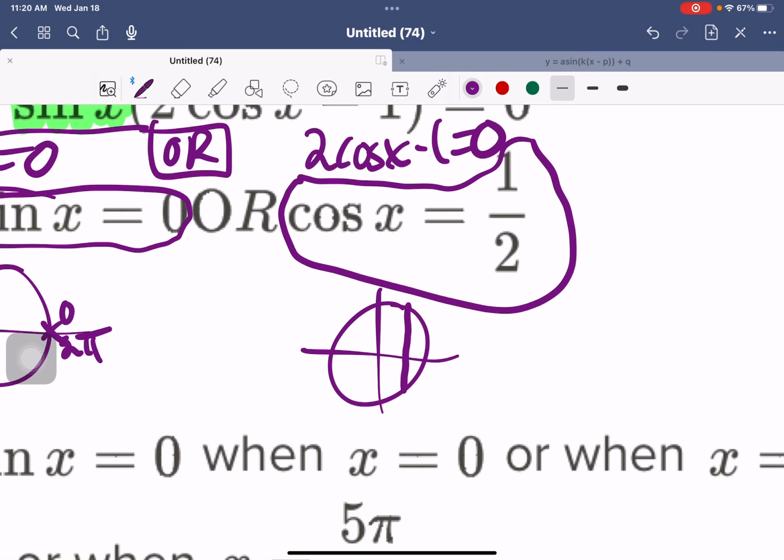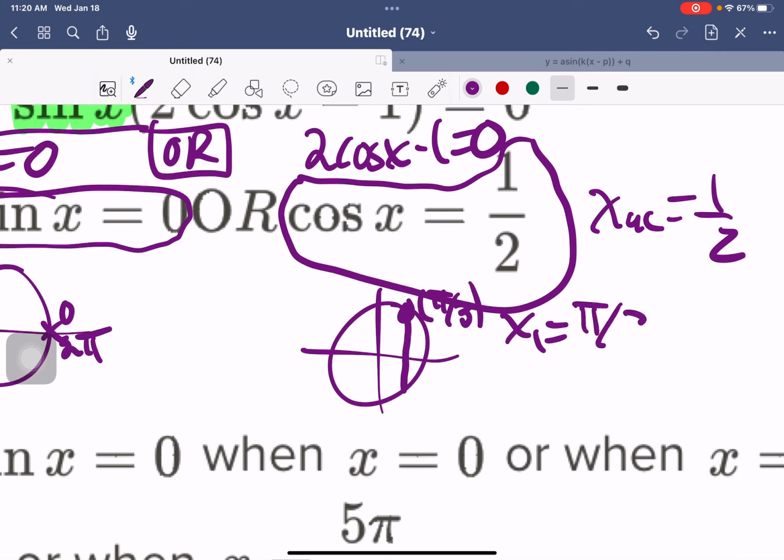It's just a regular x value on the unit circle. So the x value is 1/2. So when does the x value equal 1/2? Well, from your unit circle, you should know that x1 is up here, that is pi by 3, okay, where the x value is 1/2. So x1 is pi by 3.